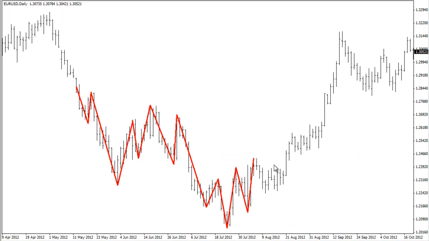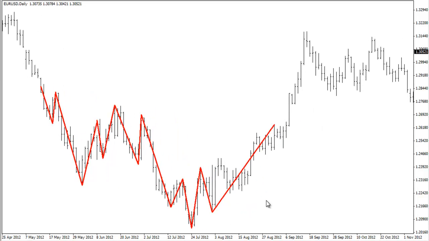And of course we can see that this trade then runs very aggressively to the upside. So inverse head and shoulders becomes head and shoulders becomes inverse head and shoulders. We've taken a losing trade, a winning trade, and then a big winning trade.